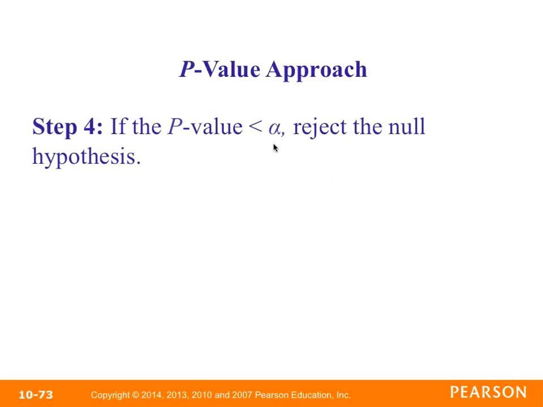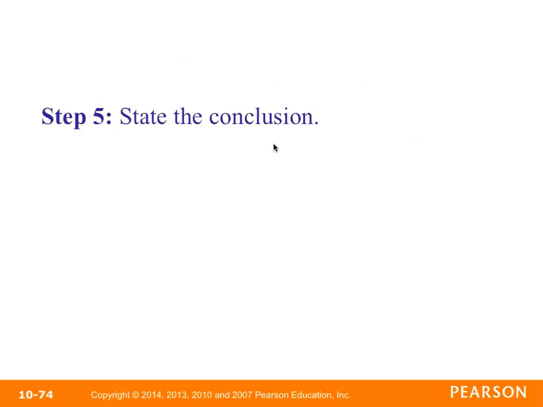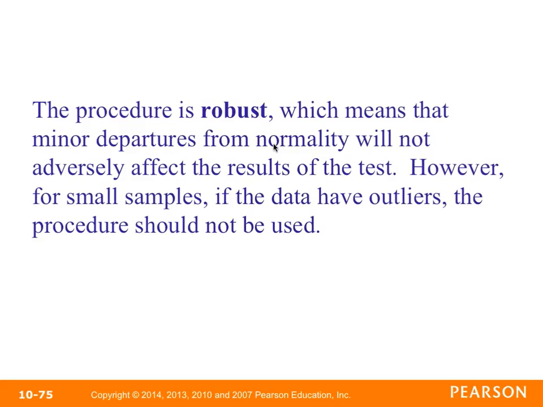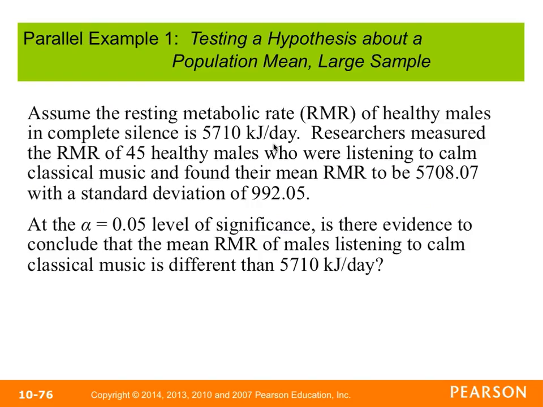If our p-value is less than alpha, we reject the null hypothesis. Then we state a conclusion. One thing to note is that the procedure is robust, which means that minor departures from normality are not going to really adversely affect the results of the test. However, if we have small samples and we have outliers, the procedure should not be used.